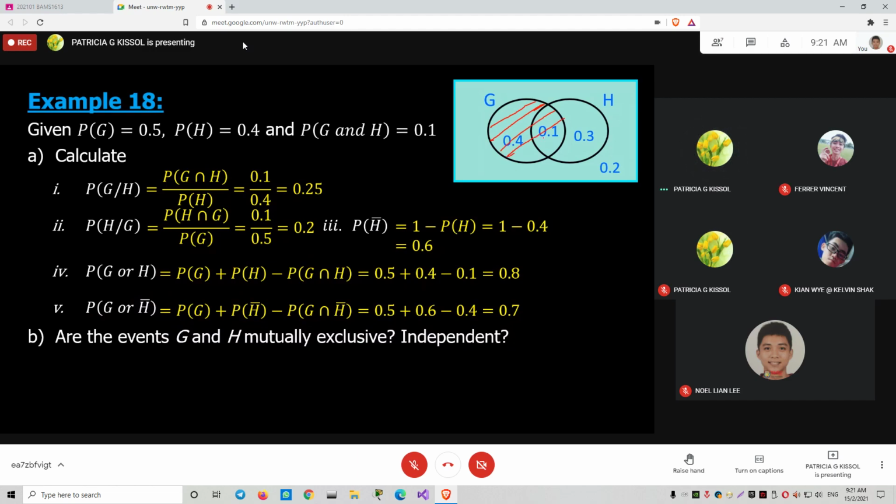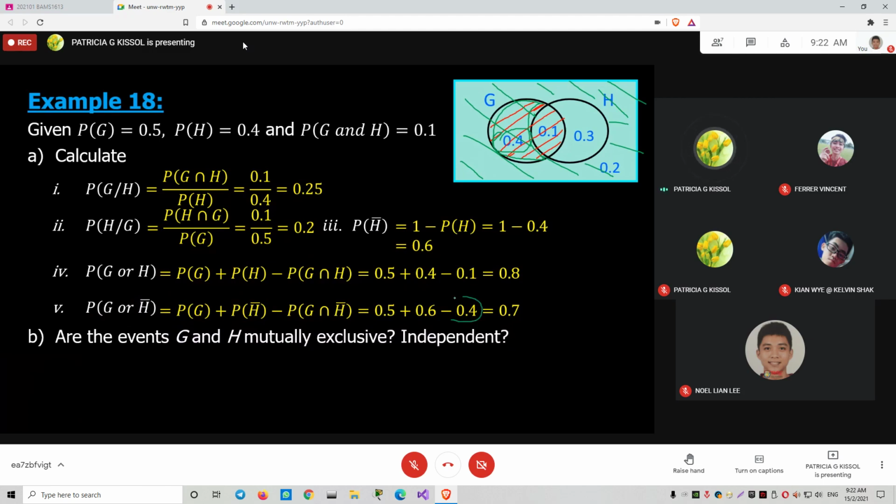I'm drawing it to show the area for the probability of G. And then not H refers to everything outside of H. So the only area enclosed is this area, which is 0.4.